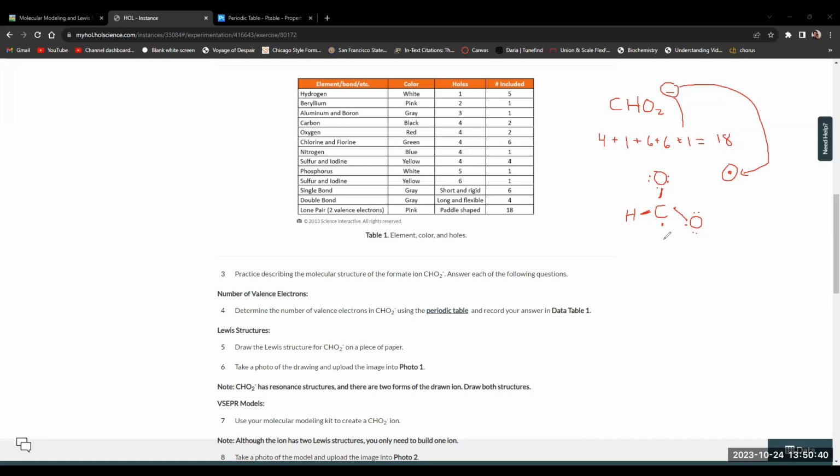And remember, we have one electron left over on this carbon. So we can probably use it on this oxygen here. And then we could use this remaining charge and just add it onto the other oxygen.